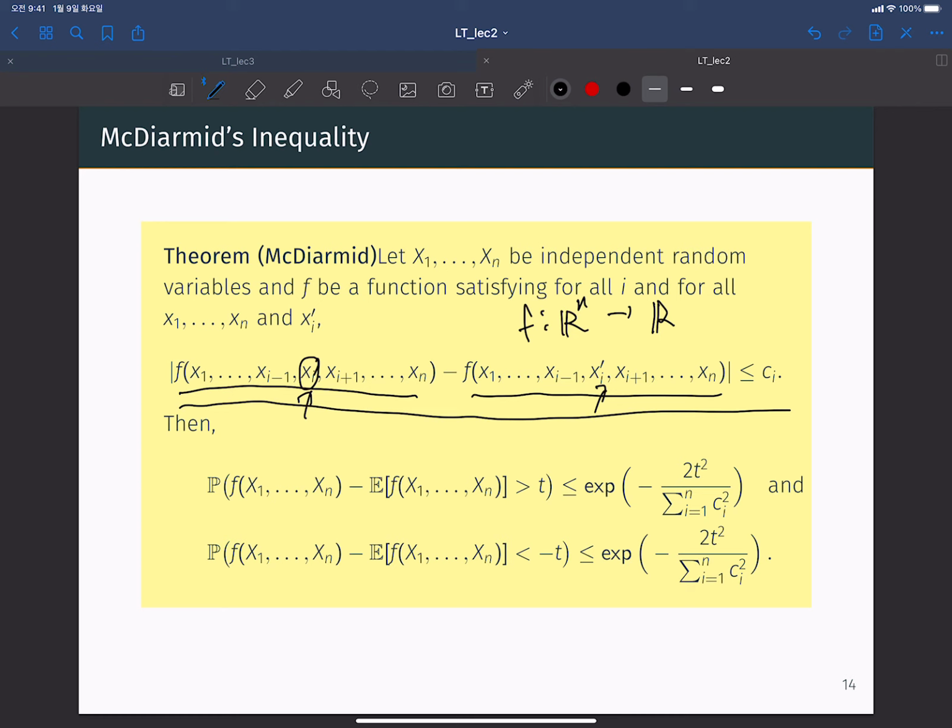Then, with any random variables, if the function f satisfies this bounded difference behavior, from Azuma-Hoeffding's inequality we can show this concentration inequality: the probability that f with random inputs x1 through xn deviates from its expectation by t or minus t is upper bounded by exponential of minus 2t squared over the summation i from 1 to n of ci squared.